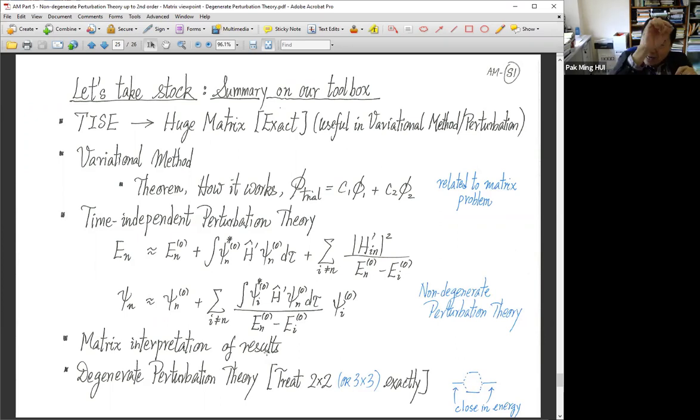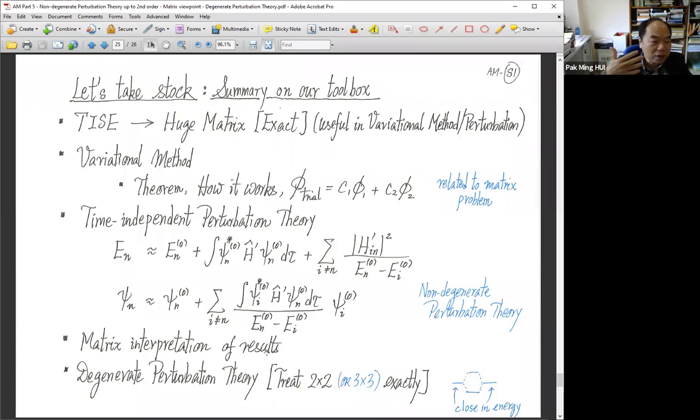Taking another state in, looking at 2x2 separately, many 2x2 repeatedly, we get the second order correction in energy. In doing so, we also discover when the diagonal elements are close in zeroth order energy, be careful. Do it well, do it exactly, and that happens to be degenerate perturbation theory.